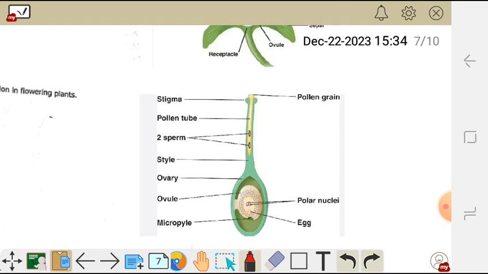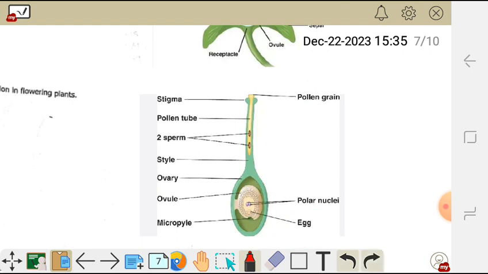On the stigma, the pollen grain is going to come during pollination. Then the pollen grain forms a tube, called the pollen tube, so that sperm from the male part can move to where the egg or ovum is, so that fertilization takes place.